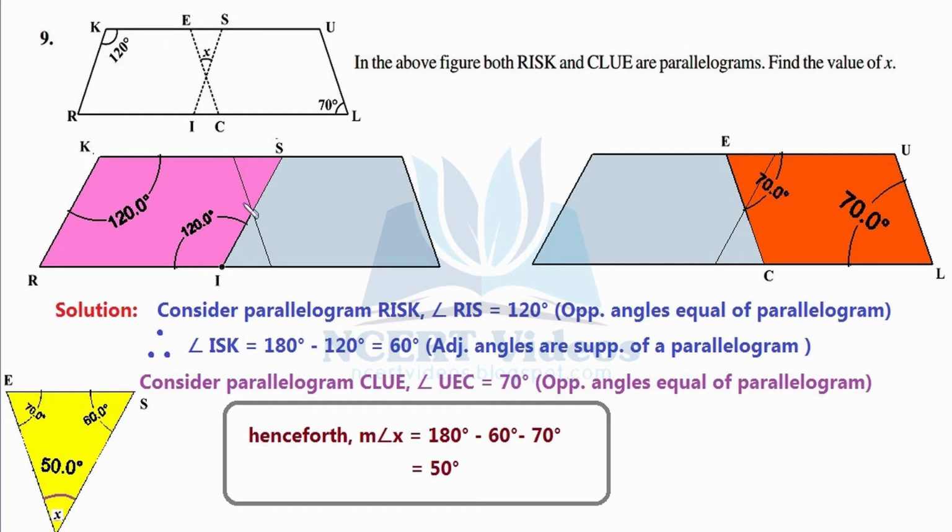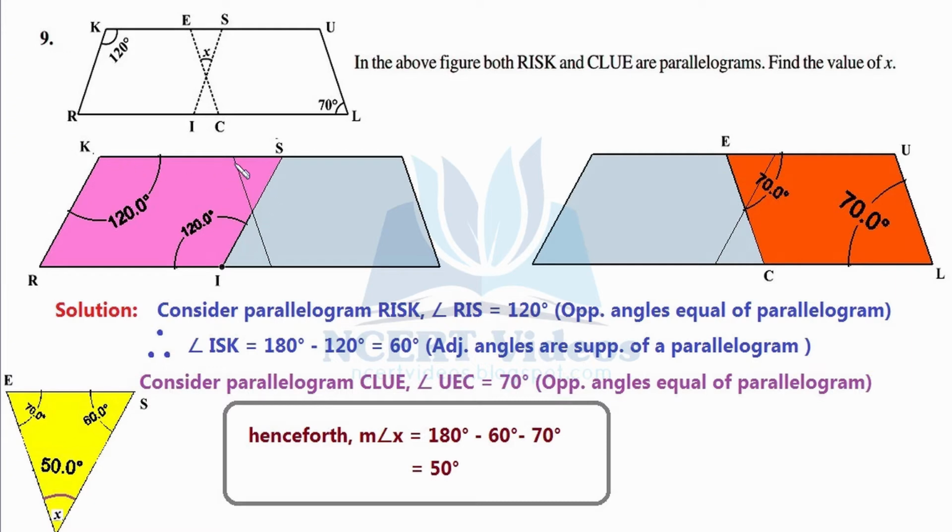With this, we are in a position to find angle S. Since it is a parallelogram that we have shown in this color, adjacent angles are supplementary. That is, we can easily find the measure of this angle S if we subtract 120 from 180. Therefore, the same has been done here.